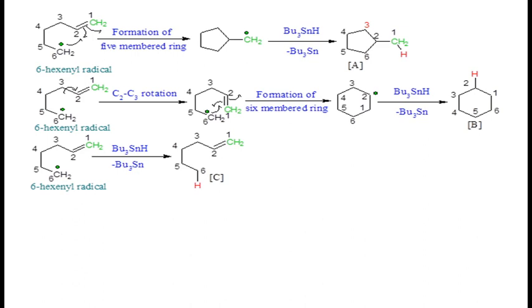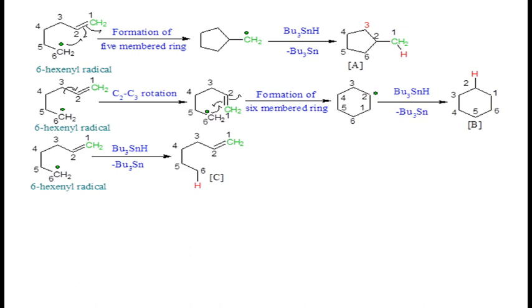Now the question arises, which product is the major product of these two, methylcyclopentane and cyclohexane? Remember that energetically a 5-membered transition state is more stable in the case of reactions involving a free radical intermediate.